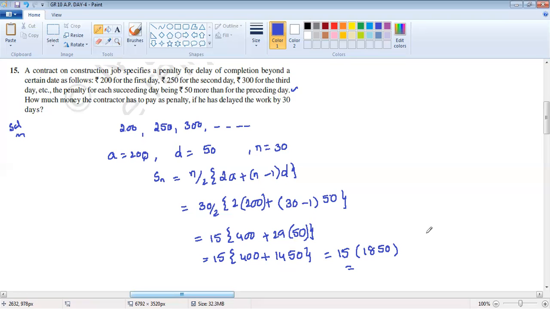Yes, sir. Absolutely right. So 27,750 rupees has to be paid as a penalty. Okay, next.